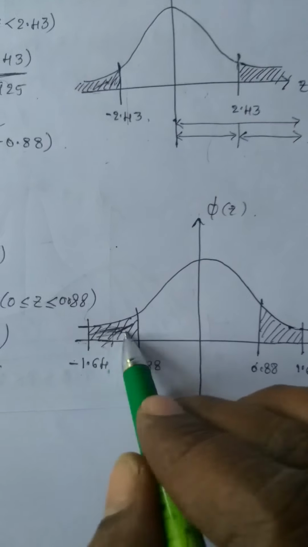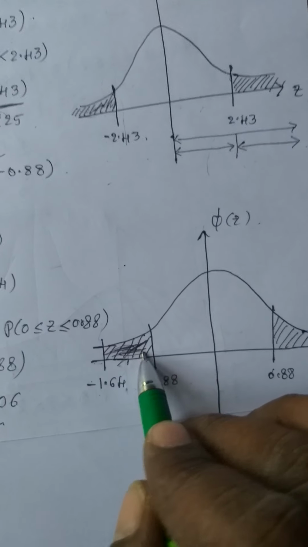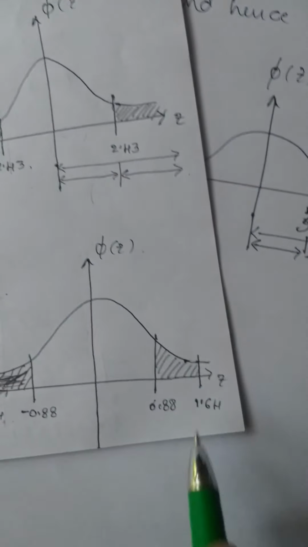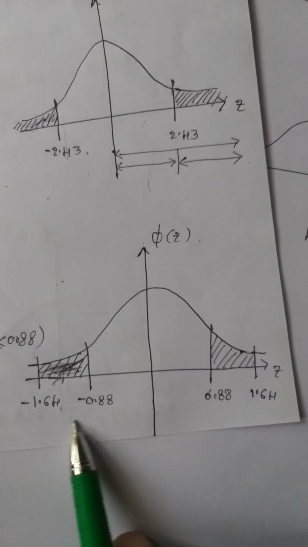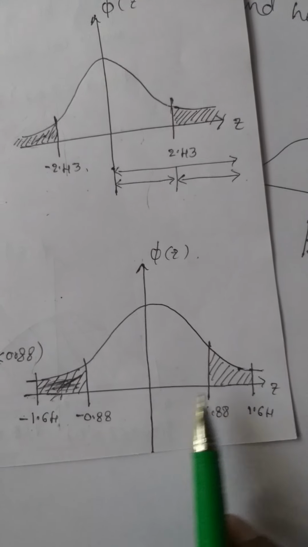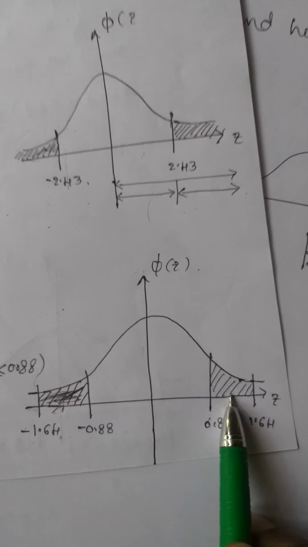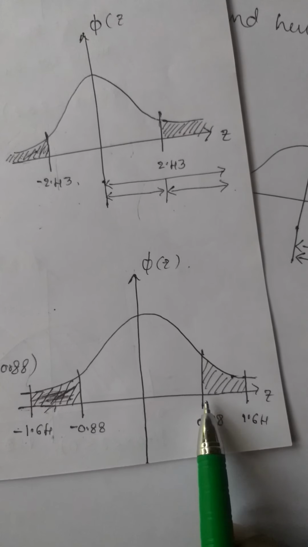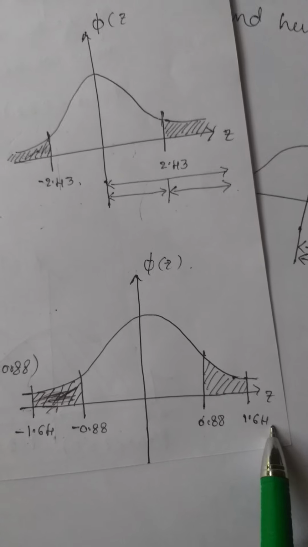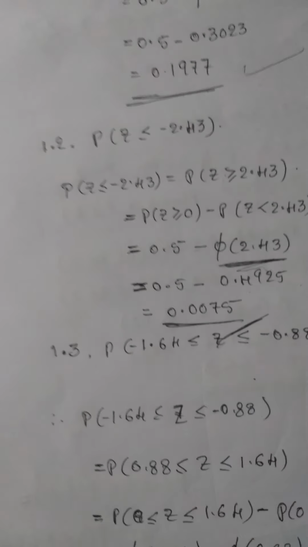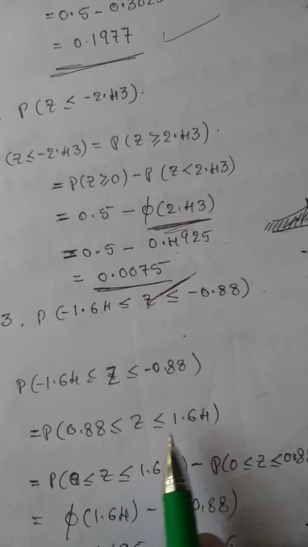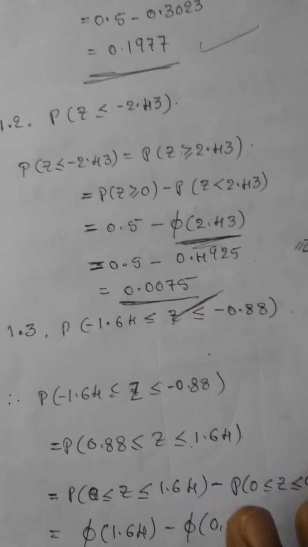Because of the symmetry, I can write this in the positive octant like this. Z lies between 0.88 to 1.64.